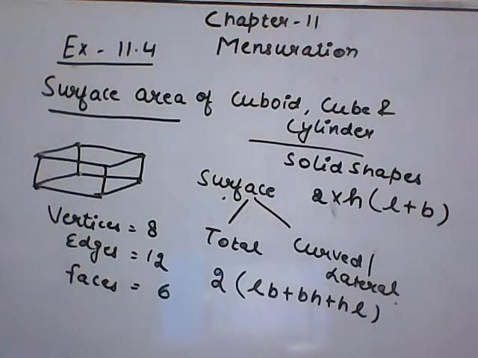It is the curved or lateral surface area. Curved surface area means suppose you have to paint the ceiling and the four walls. So you have to subtract the surface area for the floor. In this type of area, we use the term curved or lateral.